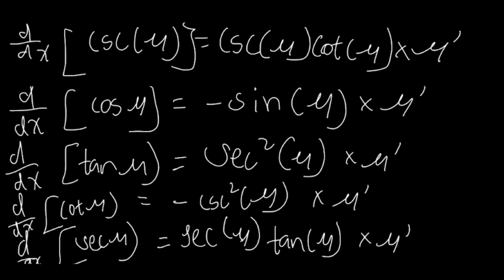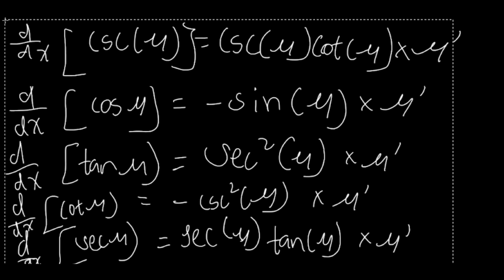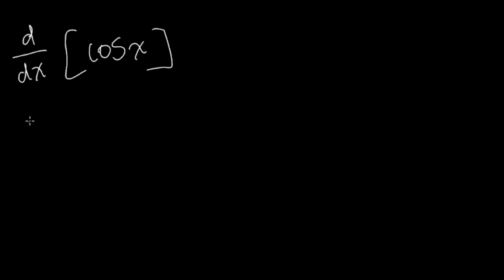Now with this in mind, let's start off with the sums. Let's say we have to take the derivative of cosine of x. We know the formula is equivalent to negative sine of u times u prime.